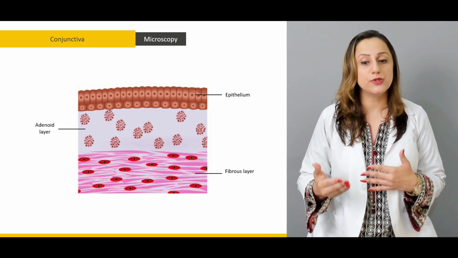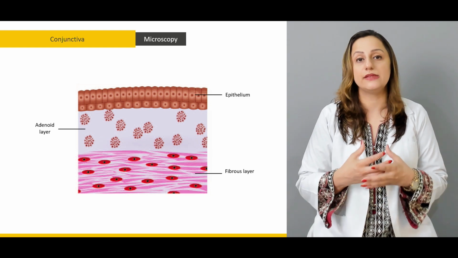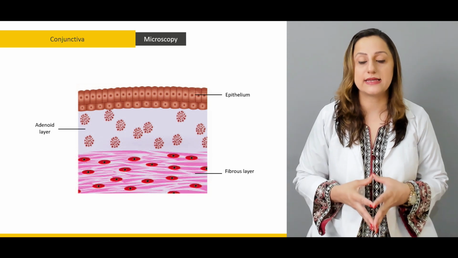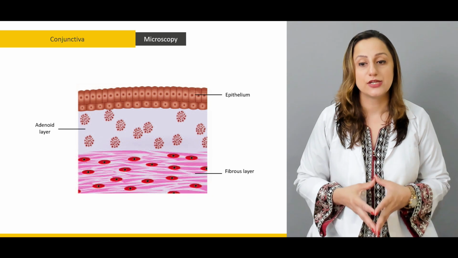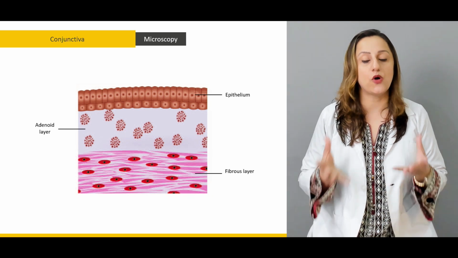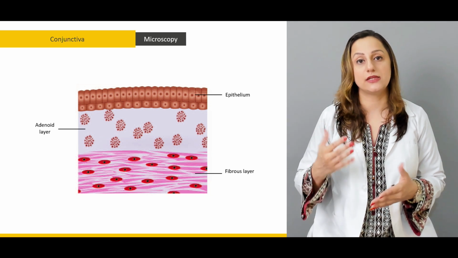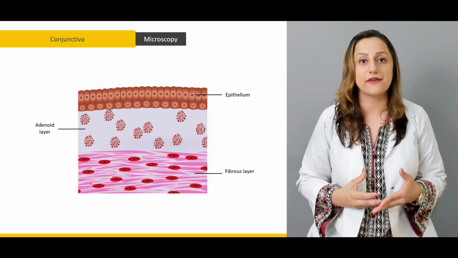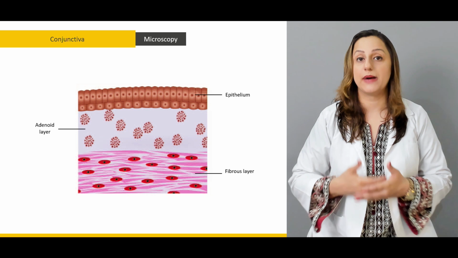So it's responsible for supplying the arteries and the venules to the conjunctiva, and the adenoid layer has the lymphoid tissue, which provides the protective functions towards the conjunctiva. And the epithelium, of course, is going to be different at the different locations of the conjunctiva, whether it is the tarsal conjunctiva, the marginal conjunctiva, or the bulbar conjunctiva.